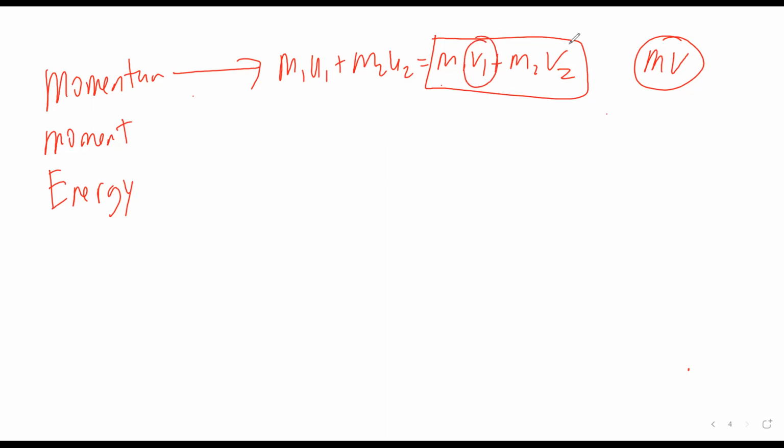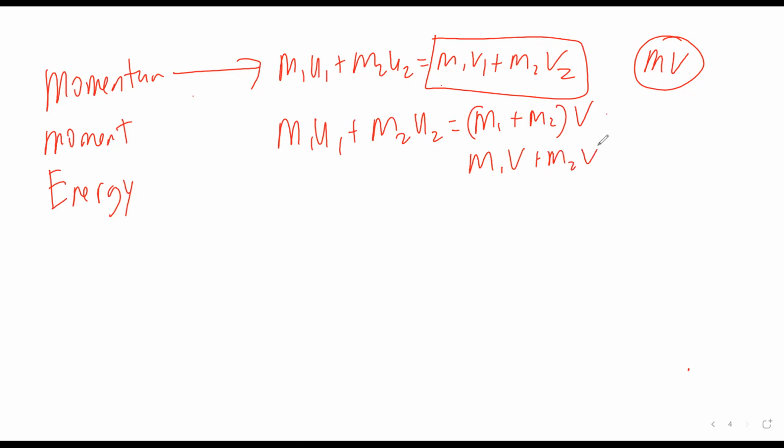Yeah, no more V1, no V2. If it is inelastic collision, the formula will be M1U1 plus M2U2 is equal to (M1 plus M2)V. Why? Because it's essentially M1V plus M2V.